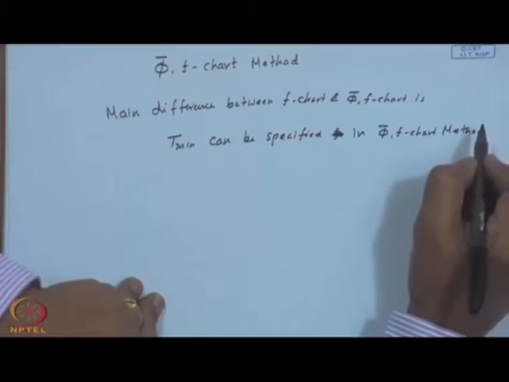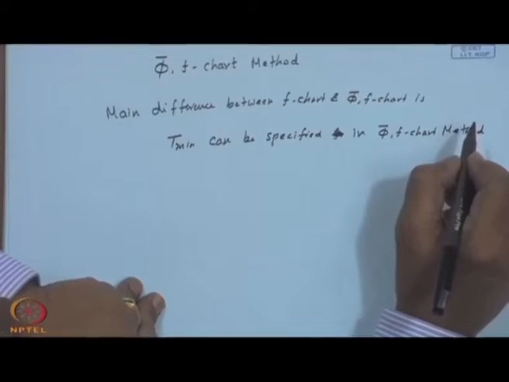In other words, if you want energy delivery at or above a certain temperature T minimum, you can use the phi bar F chart method. Interestingly, for some applications where the F chart method is applicable, you can use the phi bar F chart method, but not the other way around.